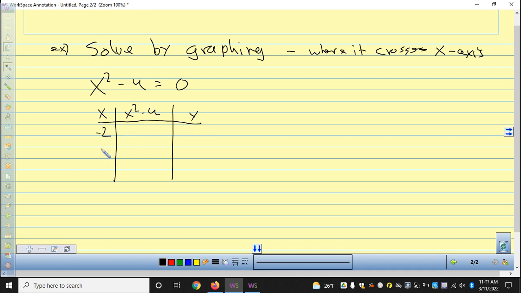We'll do our standard -2, -1, 0, 1, 2, and I'll do my graph over here. When I plug in -2, -2 squared is +4, minus 4, I get a 0. So I get a point on my graph right here. That's one of our solutions. Our graph crosses the x-axis right there.